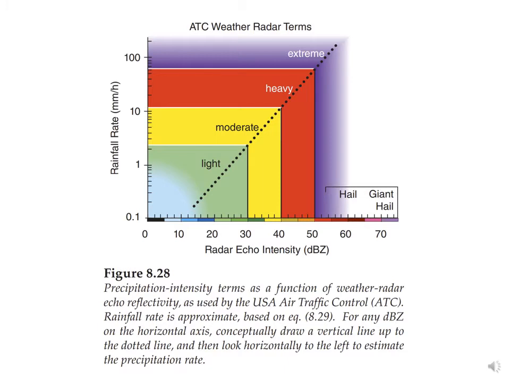Between 40 and 50 dBZ would be classified as heavy precipitation, and anything greater than 50 would be listed as extreme. When we start getting dBZ values greater than 55, we might have hail, and by the time we get to giant hail, we're looking at dBZ values greater than 65. And you can see the corresponding rainfall rates using one of the National Weather Service algorithms as well.